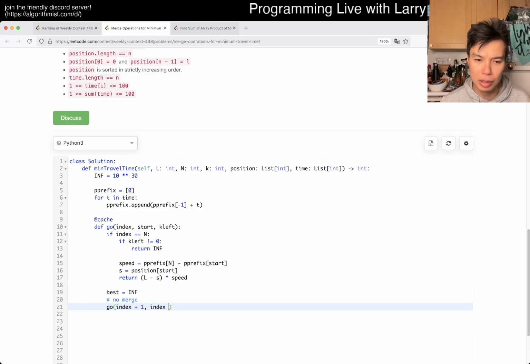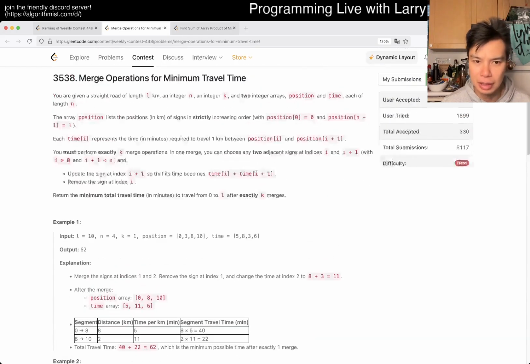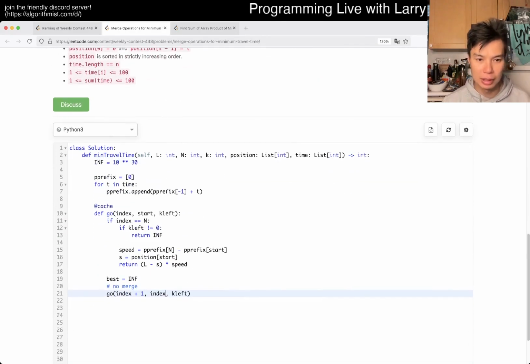Well, it'll be index +1 anyway, so we don't merge. So that means that we end our current position. So then, okay, fine. Right. And then k left doesn't change. No, it's fine. We do it no. That means that we're done up to that sign. Right, okay, so we're done up to that sign, so then we now get the cost.